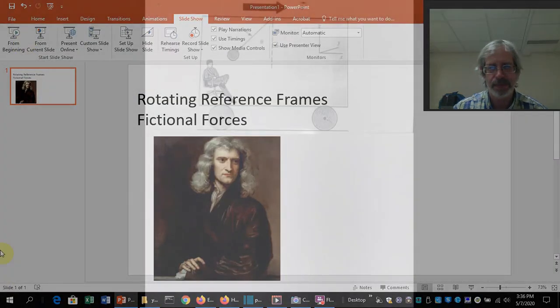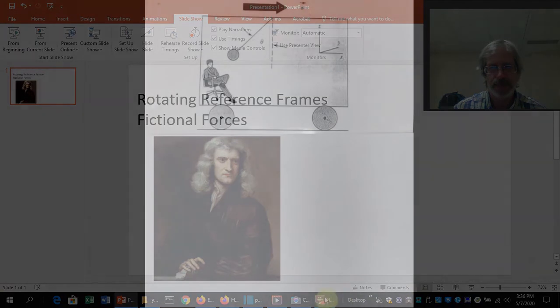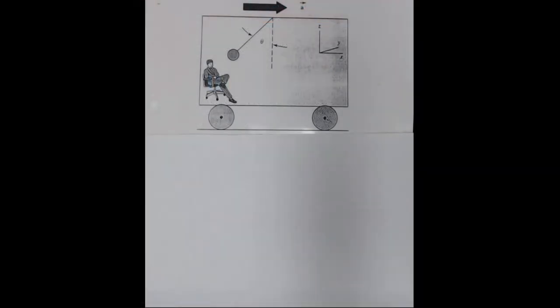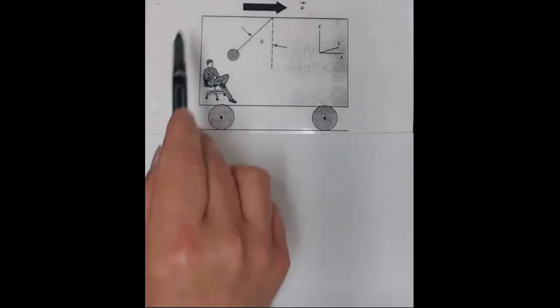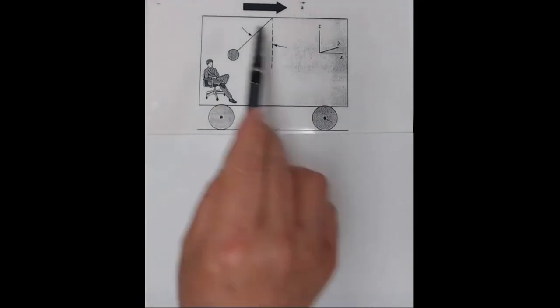Okay, so we're going to be talking about accelerating reference frames, in particular rotating reference frames, which are accelerating because they're rotating, and the fictional forces that arise from those. On my picture here, I have a boxcar or something that's rolling in that direction.